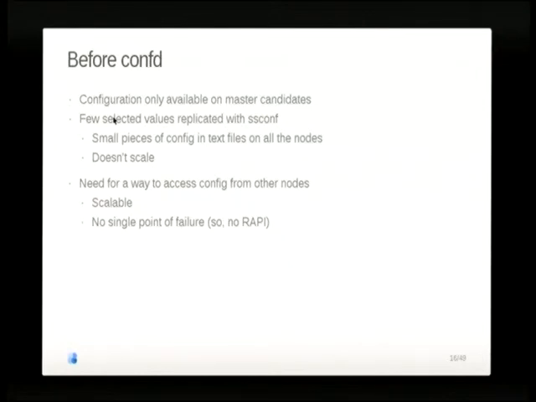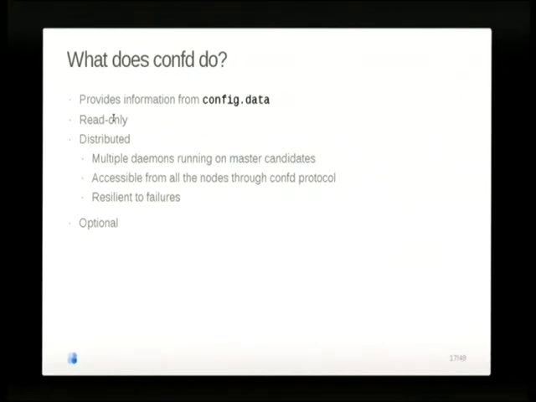You use confd. There are also values on each node replicated with ssconf, but we can't replicate everything, basically. So we needed a way that was scalable and had no single point of failure to access this other data. There's this information in config data. We give it to you read-only, as usual. We like read-only because it's easier. And it's completely distributed.